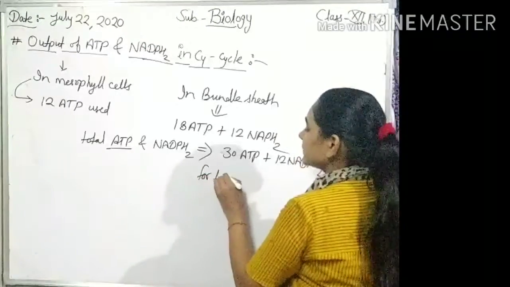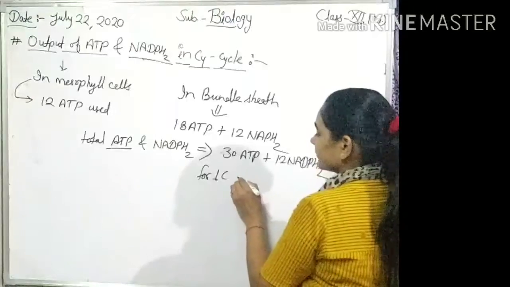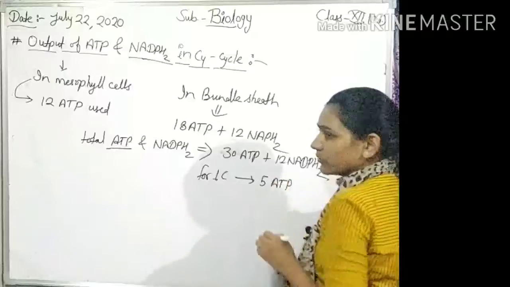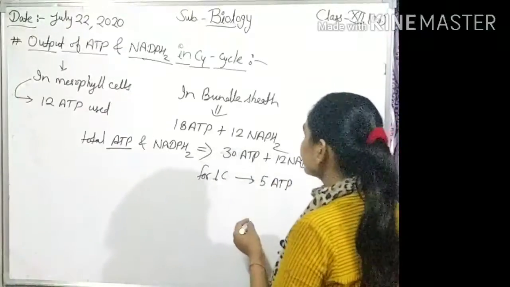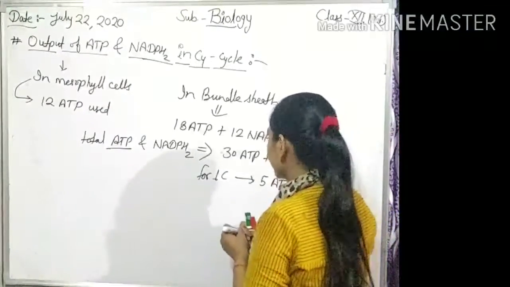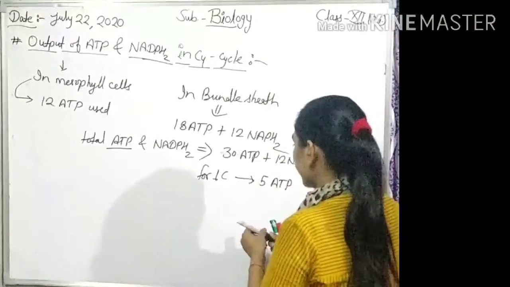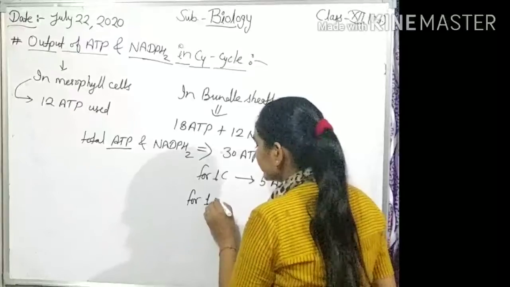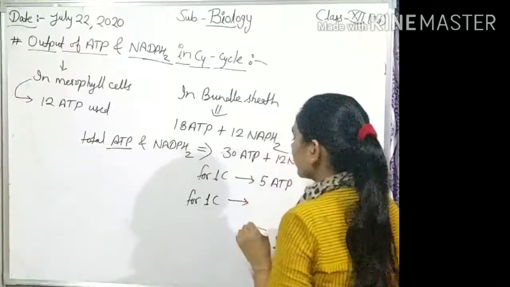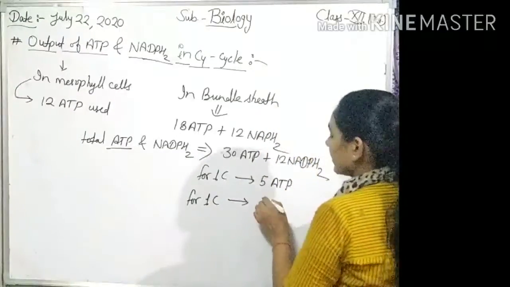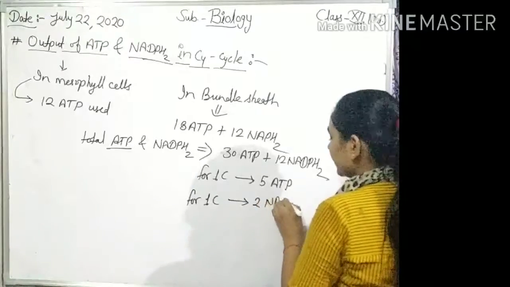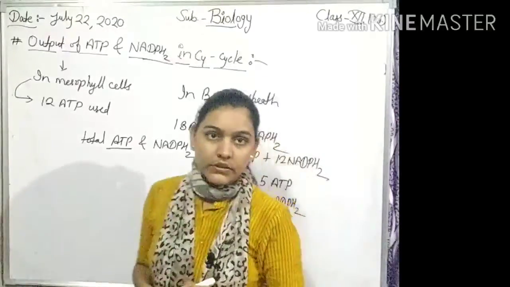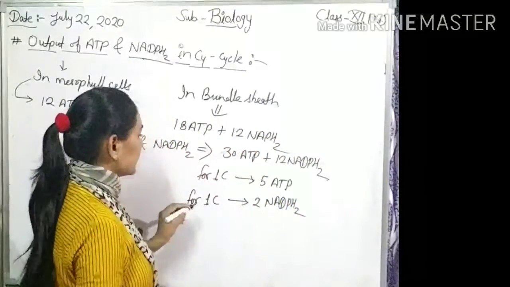For one carbon 5 ATP molecules are needed, and for 6 carbon 30 ATP. For one carbon molecule fixation 2 NADPH2 are needed in the C4 cycle.